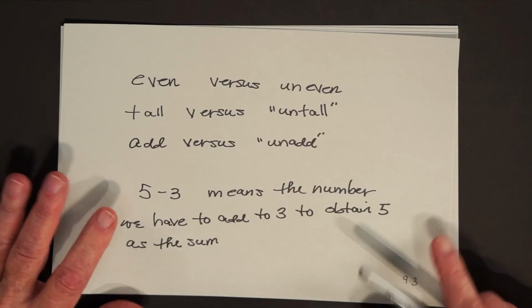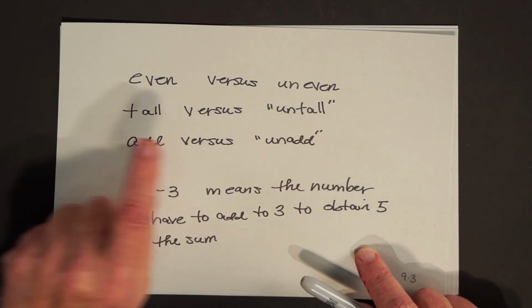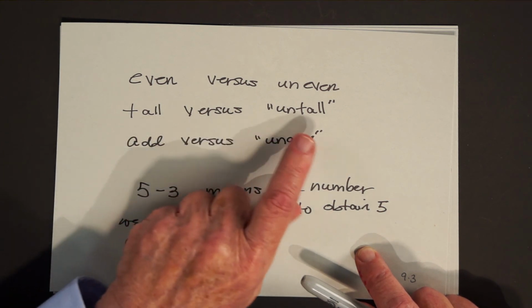Notice that the word short in no way resembles the opposite of what tall means. If you're learning English as a second language, you still understand the concept of shorter and taller. But you may know the word tall, but you may not have yet learned the word short. So in a certain sense, you say even versus uneven. You could have tall versus untall.